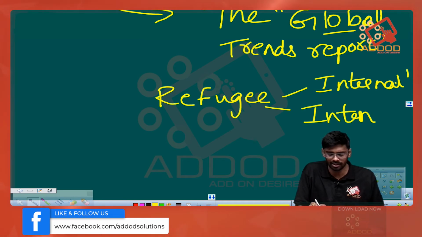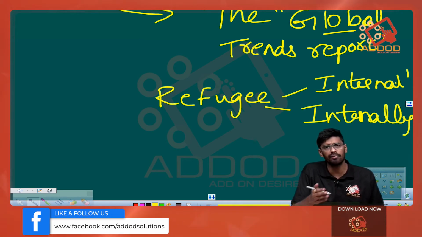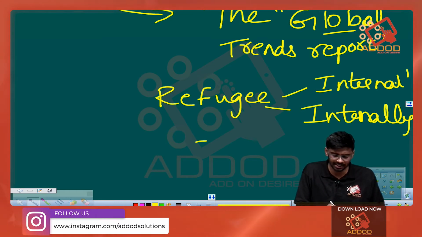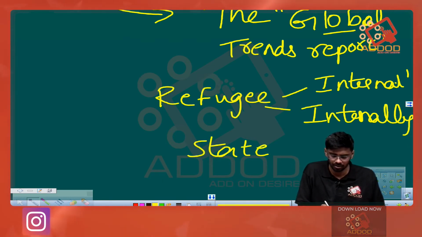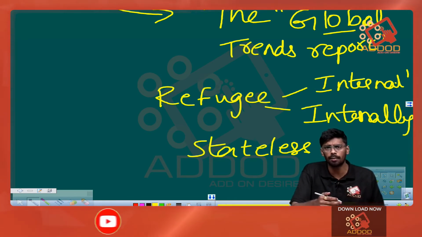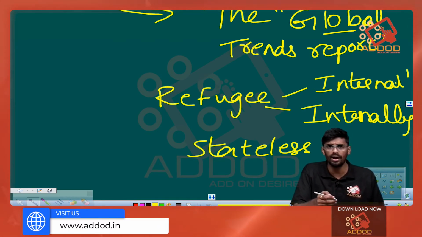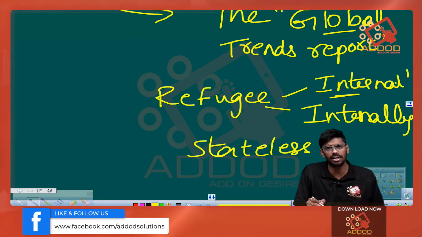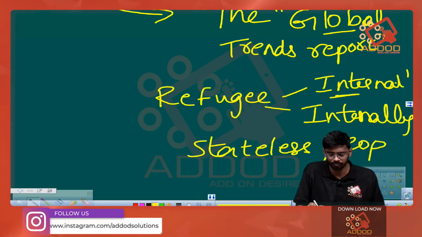So, it will deal with both the international refugees and the internal refugees, and also the stateless people. So, by the Global Trends Report, the UN High Commissioner for Refugees provides the number of people who are internally displaced, who are international refugees, and who are stateless people in the world.